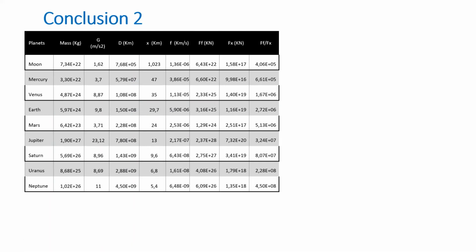For the second calculations, I've made this table, which represents the same calculation made by Newton and our additions to his calculations, and we make the same calculation for the rest of the planets of the solar system, starting from Mercury, Venus, Earth, Mars, Jupiter, Saturn, Uranus, and Neptune.